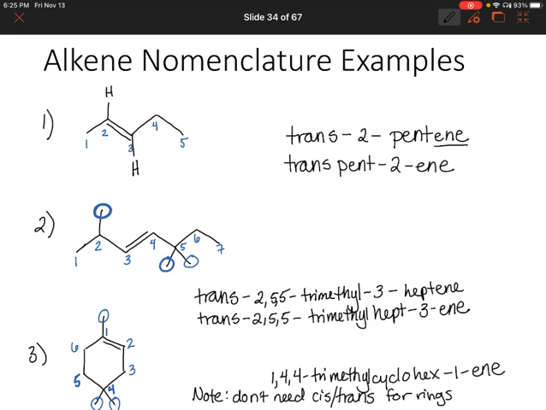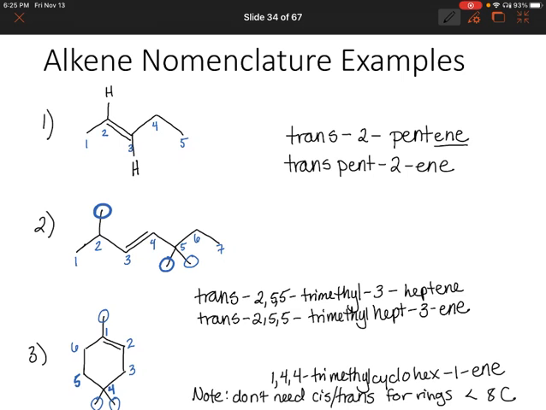At least for rings that are less than 8 carbons. So once you get up to cyclooctane, for instance, or octene, I guess, then things get a little tricky, but when you have a ring system, the positions of your substituents are already kind of decided for you. So you don't have to indicate whether they're cis or trans.